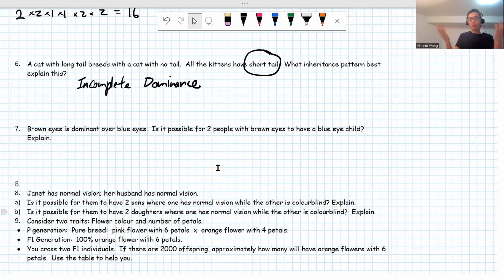Codominance means both will show up. Think of the colors of the flowers I talked about, red and white. Codominance would be red petals with white spots on them, whereas incomplete dominance would be pink, somewhere in between.